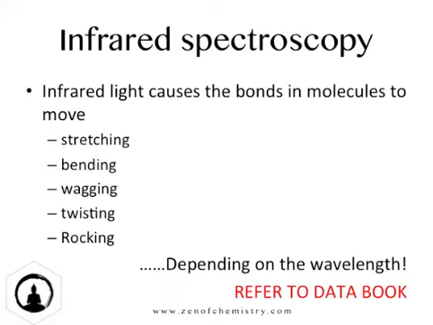Infrared spectroscopy. Infrared light causes bonds in molecules to move, and they vibrate. So they can stretch, they can bend, they can wag, they can twist, they can rock, depending on whatever wavelength you're referring to. At this point in time, I'd refer you to your data book. If you're a VCE student, you'll have a data book. If you're an IB student, you'll have a data book.